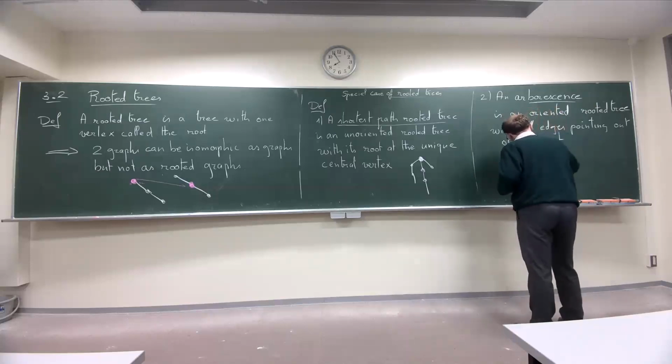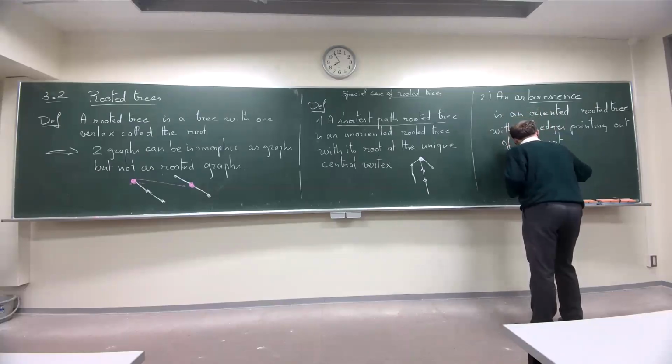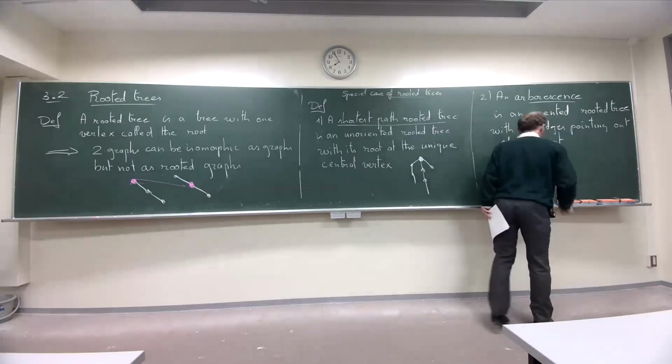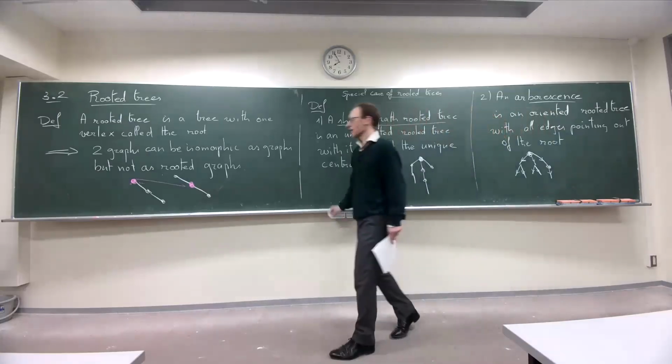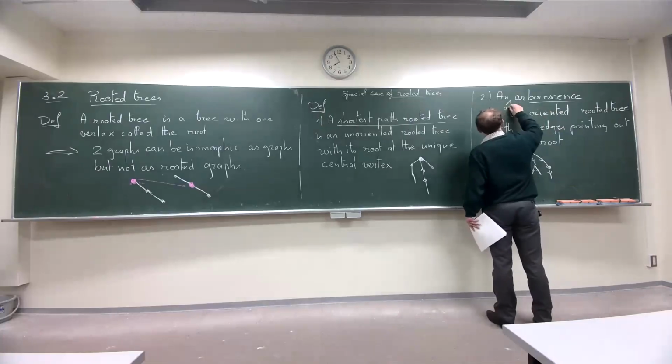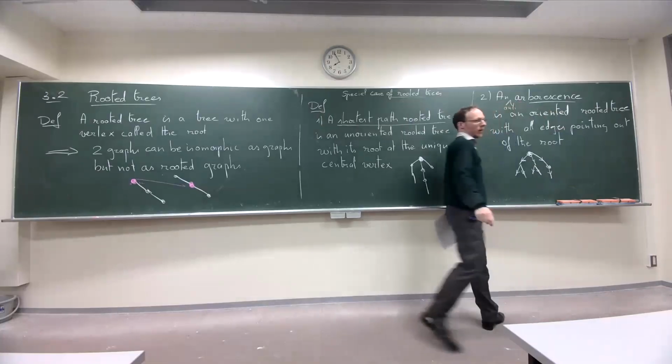It's easier to explain it on the picture. You have the root and all edges are going away from the root. The root is on the top. So this is called the arborescence. What is anti-arborescence? I just want to write it. Anti-arborescence.